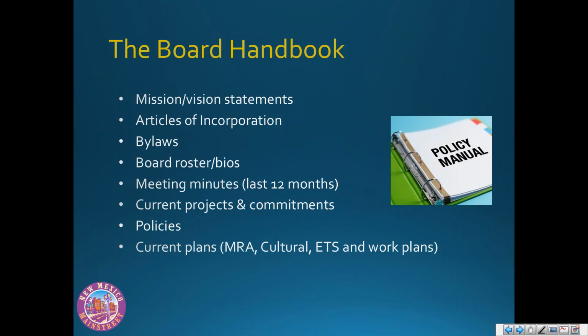There should be a section on your policies so that your board members understand all the policies that the organization has adopted. And then any of your current plans, your MRA plans, your master plans, your cultural plans, and more recently your economic transformation strategies and your work plans. This should be reviewed and walked through during the orientation section, right?